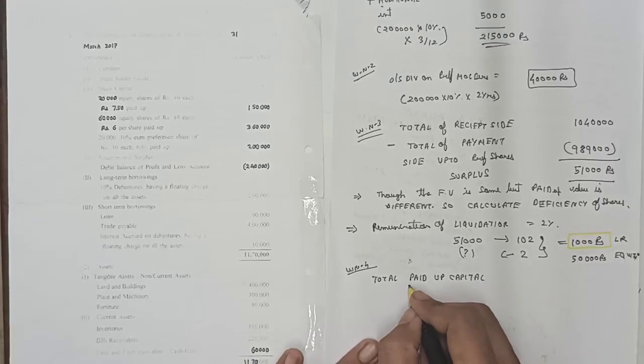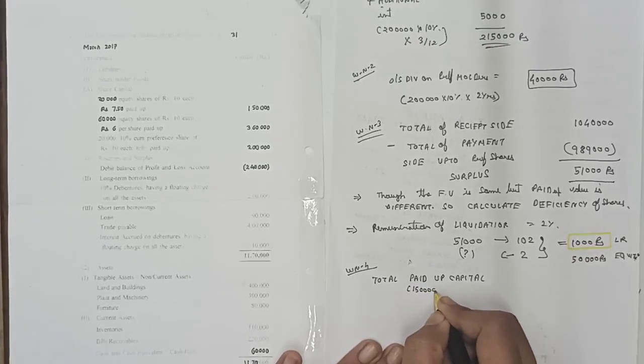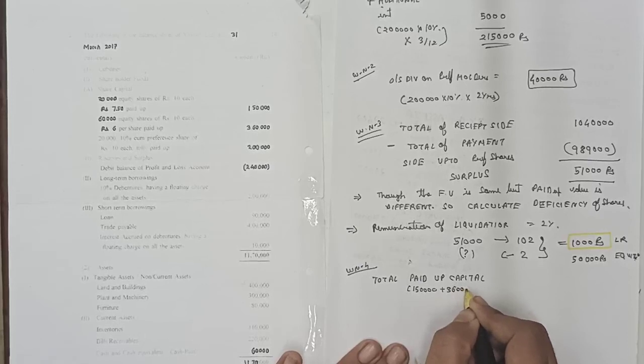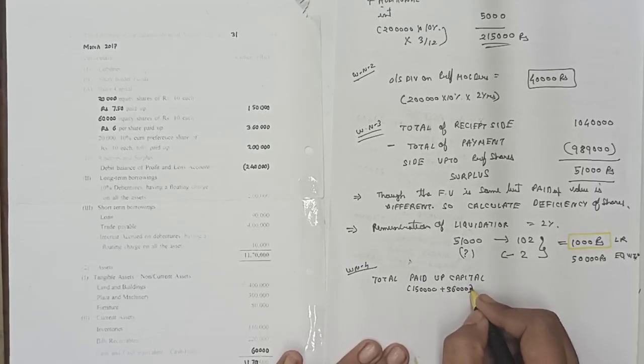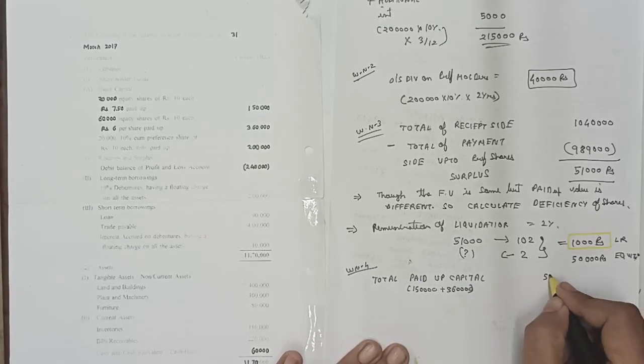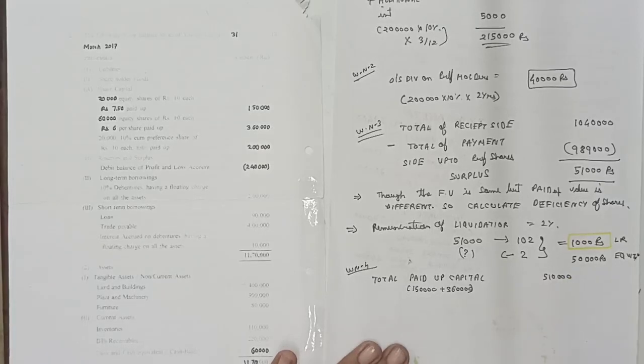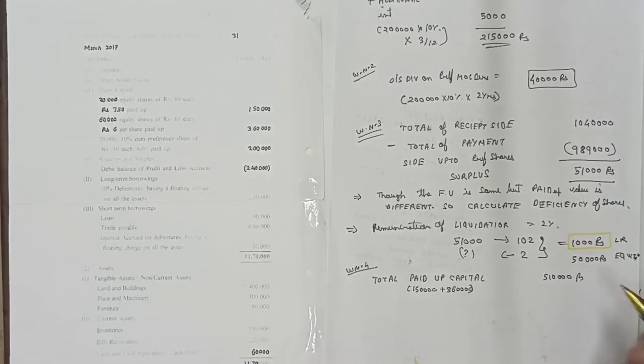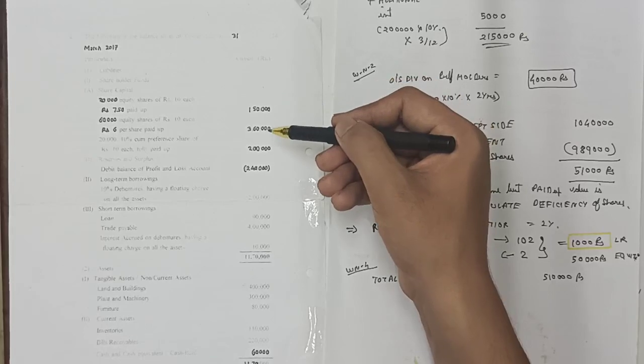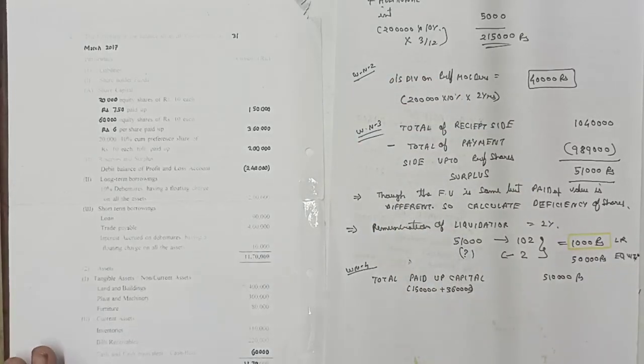It is 1,50,000 plus 3,60,000, right? So my total paid up capital comes to 5,10,000. Hope everyone is clear with that part, right? From where did I find it out? From the balance sheet, 150 plus 360 gives me 5,10,000 rupees, right?